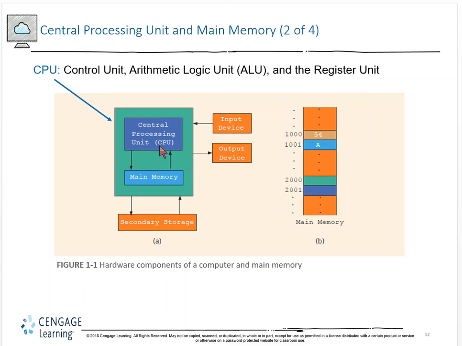The ALU, or arithmetic logic unit, is where the mathematics is done and the logical decisions happen. Okay? The control unit is like the traffic cop, controlling signals and when they can happen. And then the register unit is an area where information is stored temporarily while the machine tries to do things.